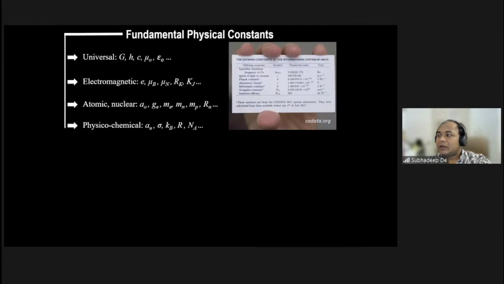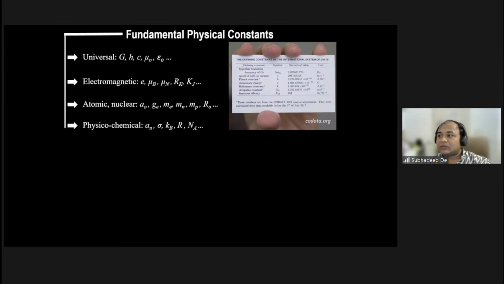So let's begin. What do we understand by constants? What I mean by physical constants in the science we study. There are different types of constants that we consider in our models to explain the physical nature of particles. Some of them are universal constants, like the capital G, Planck's constant, or the velocity of light.